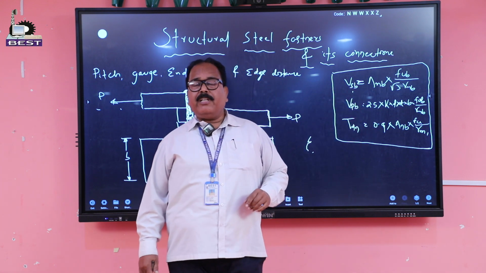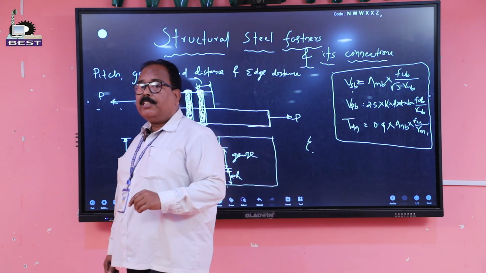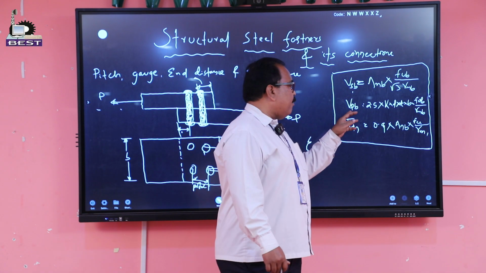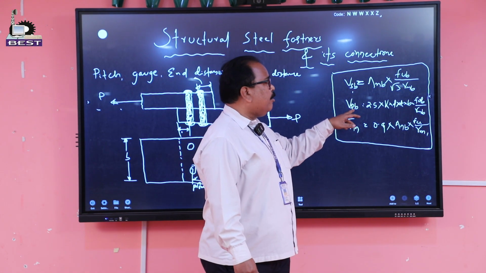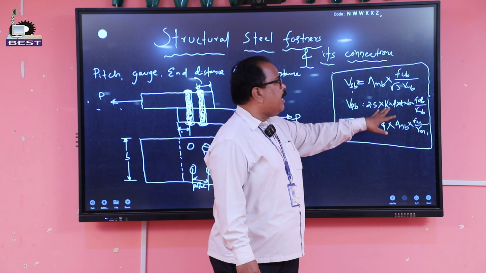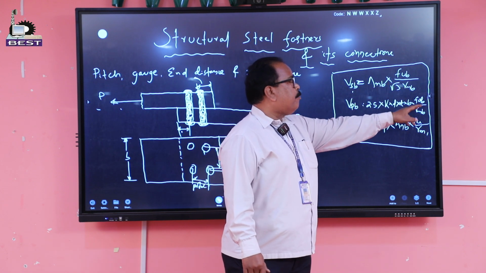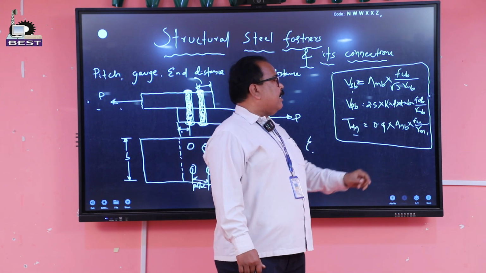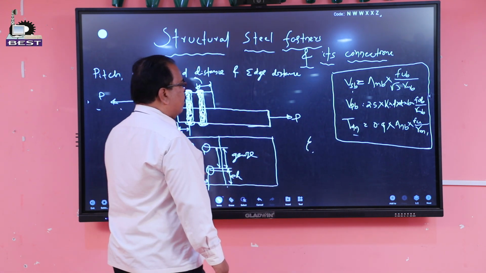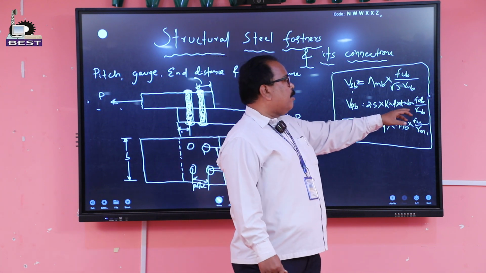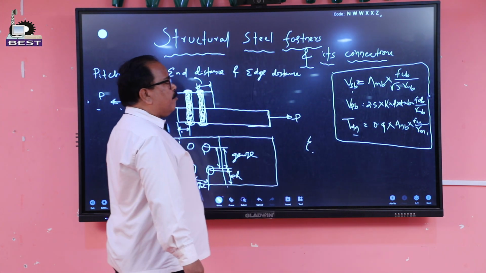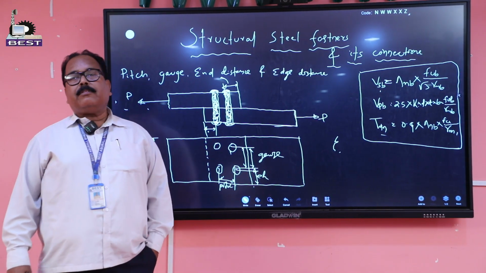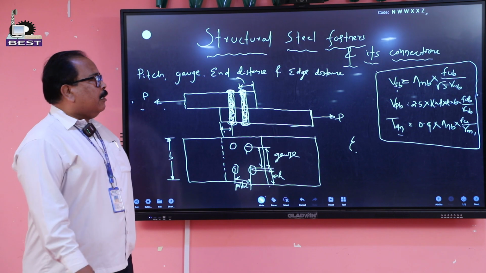Afterwards, the bearing strength of the bolt, not plate, sorry, it is bolt. It is VPB equals 2.5 kb times d times t times fu by gamma mb, where d is the bolt diameter, t is the thickness of the plate, and fub is the ultimate strength of the bolt, with gamma mb the partial safety factor.